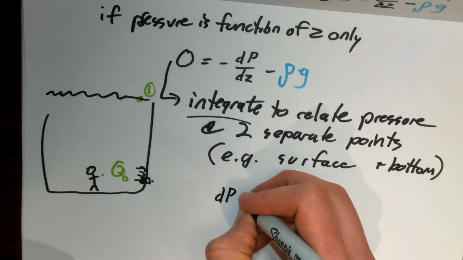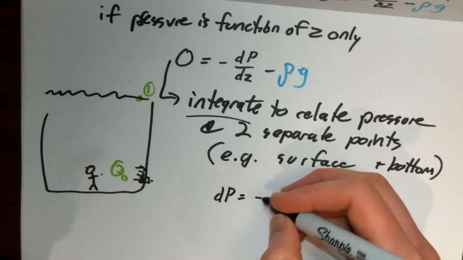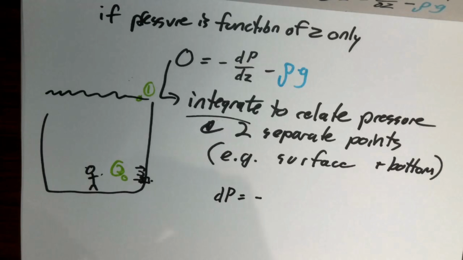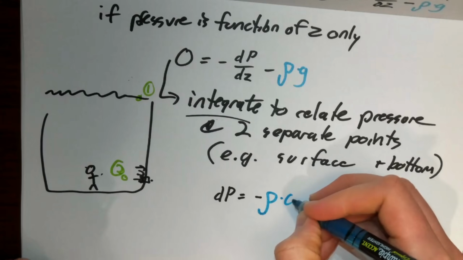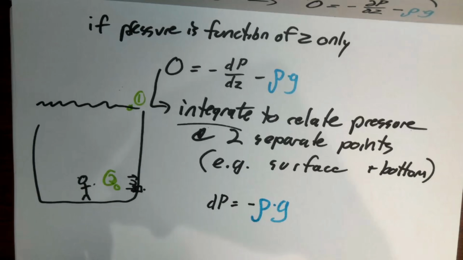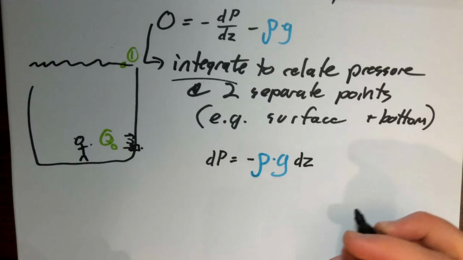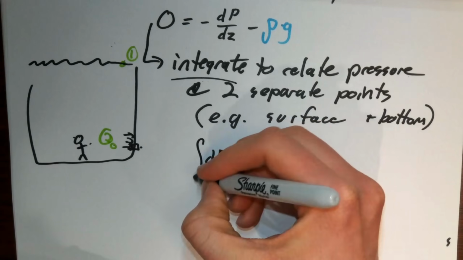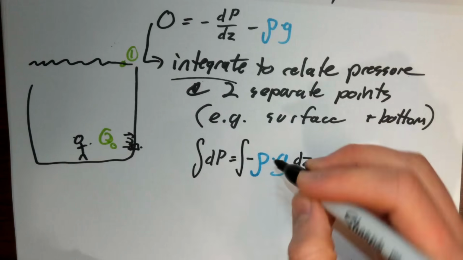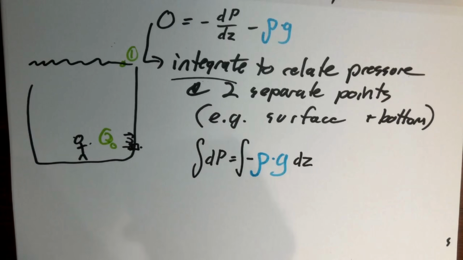So I can get dp is equal to minus rho g dz right here. And then if I wanted to, I could integrate both sides to get to some final result.